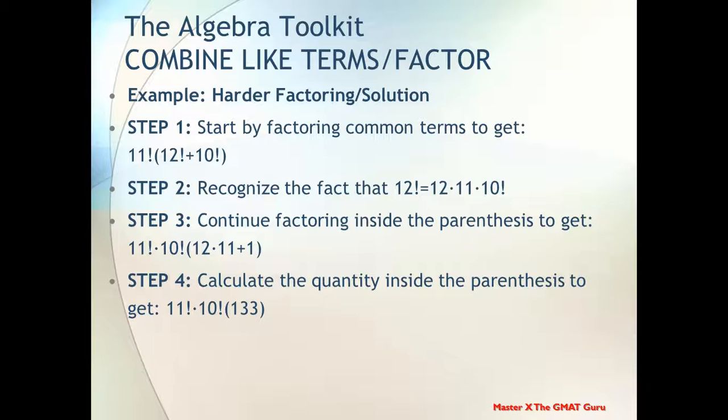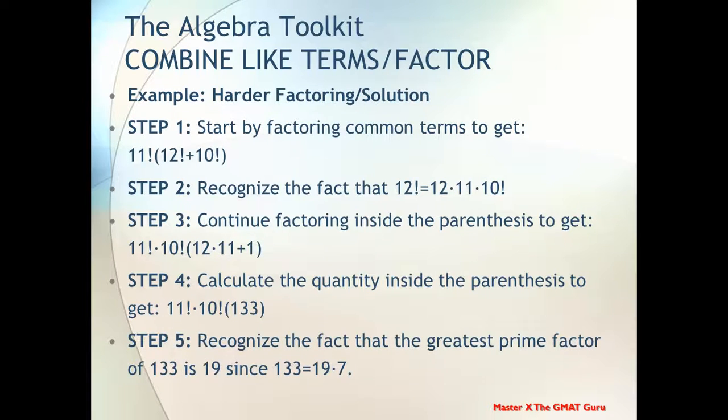Alrighty. Okay. Finally, step number 5, recognize the fact that the greatest prime factor of 133 is 19, right? Why? Since 133 is equal to 19 times 7. How am I going to recognize that, you're going to say? Well, first of all, you don't have to actually go ahead and factor this out in detail, prime factor it, right?